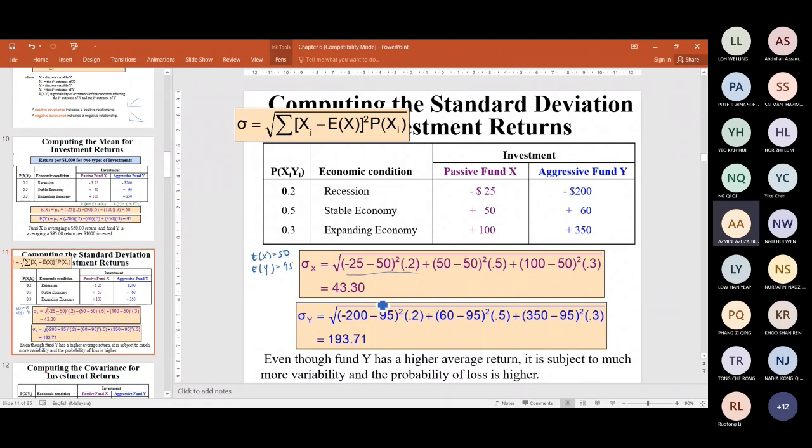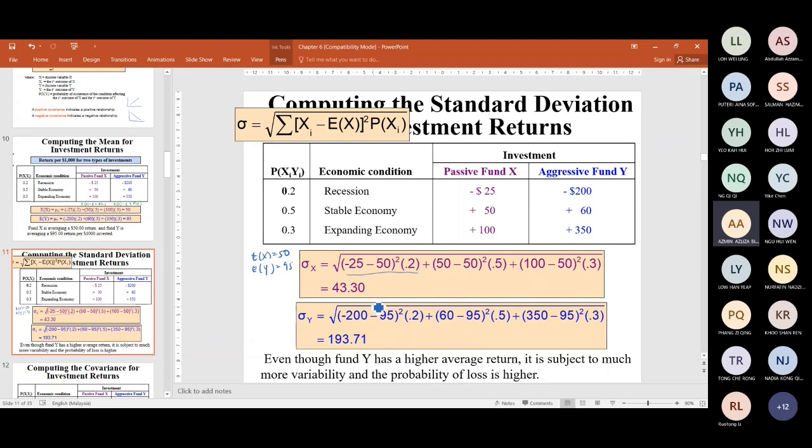Similar to this one, you can see here, even though fund Y has higher return, as we saw in the previous slide, the standard deviation is high. So it's subject to much more variability. The variability is high, the spread of the data is higher, and the probability of loss is also higher, because of the high standard deviation here.